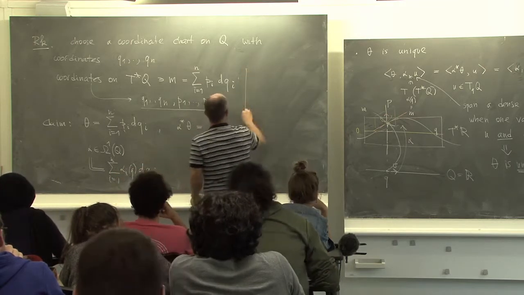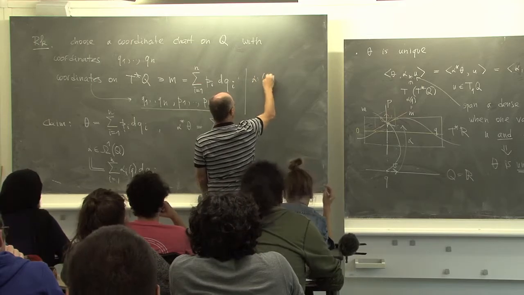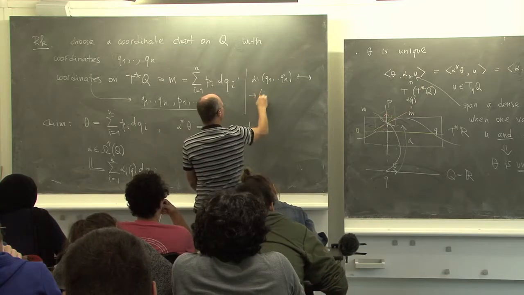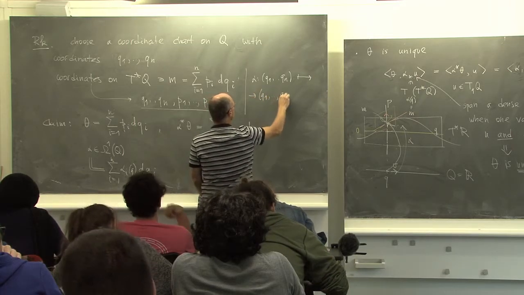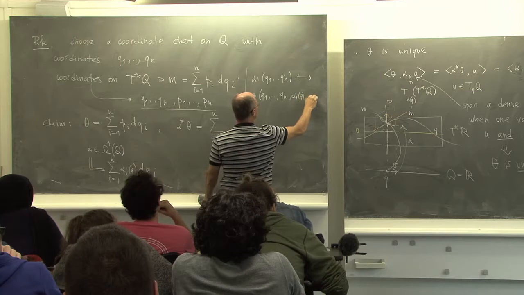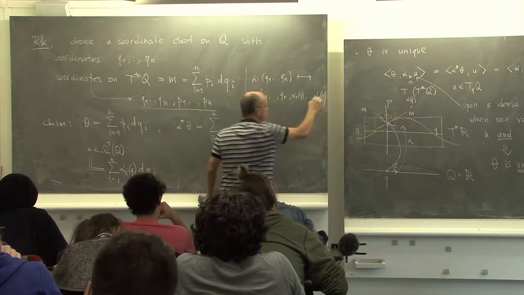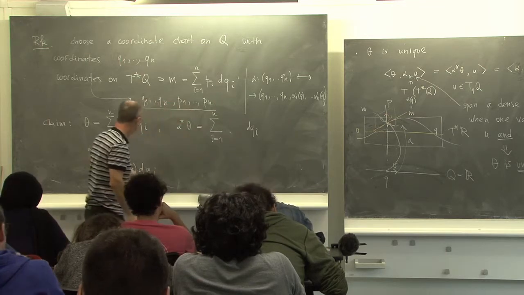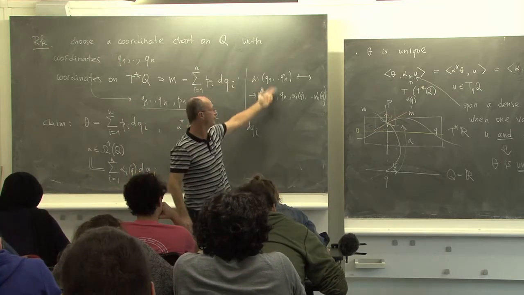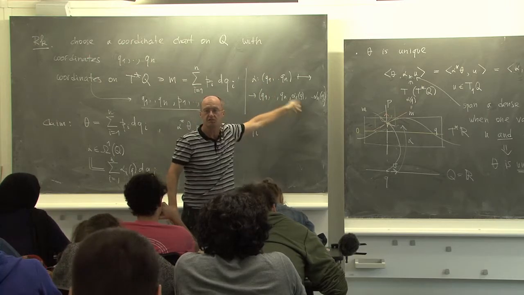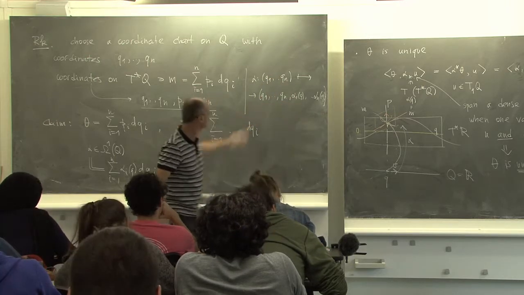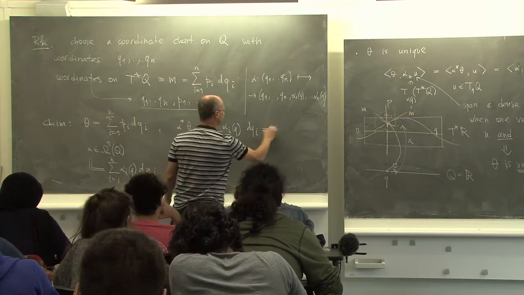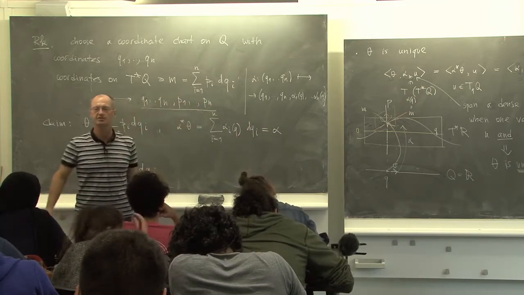So as a map, alpha maps you from the point (q_1, ..., q_n) to the point (q_1, ..., q_n, alpha_1 of q, ..., alpha_n of q). That's the dual nature of alpha. When you say it's this one form, if you convert it into a map, that's this map. So this means that these are alpha_i of q, and of course, this is simply equal to alpha.